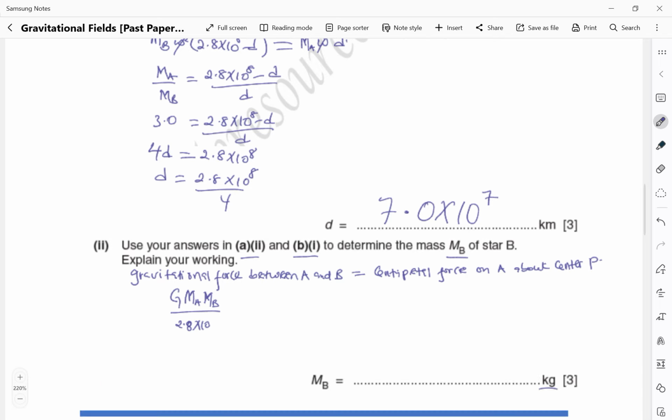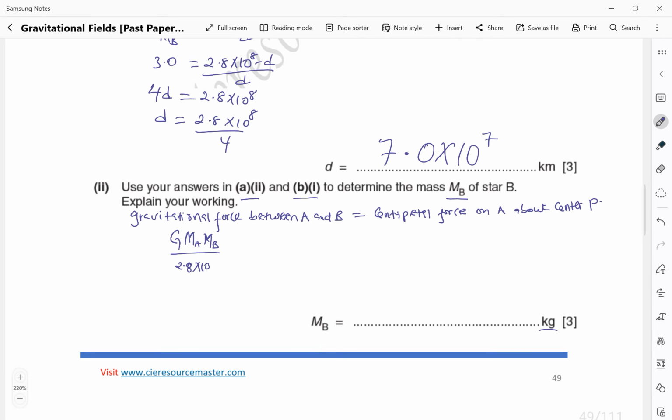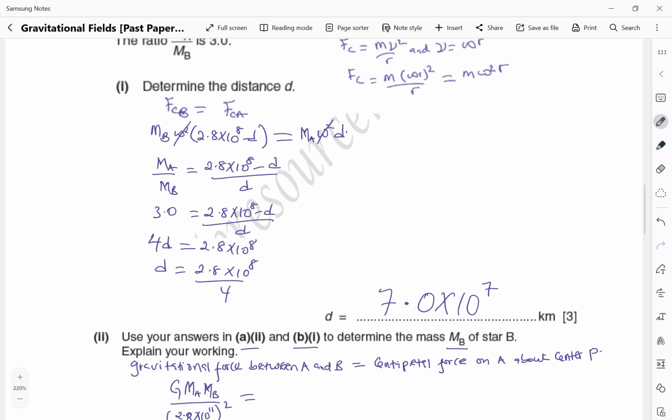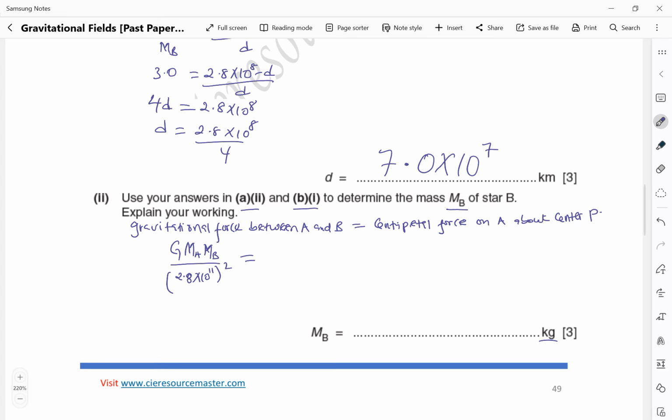That is the gravitational force. It should be equal to the centripetal force on A about the center, and the centripetal force on A is going to be the mass of A, capital M_A, times omega squared, times the distance from the center, which is D.